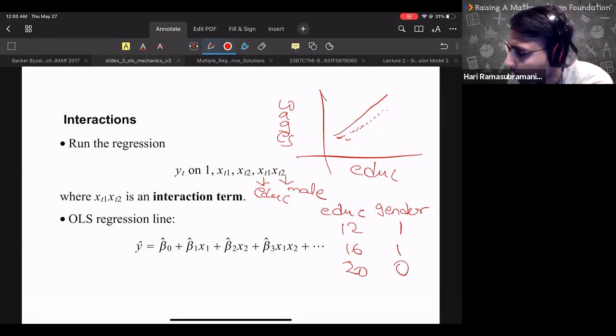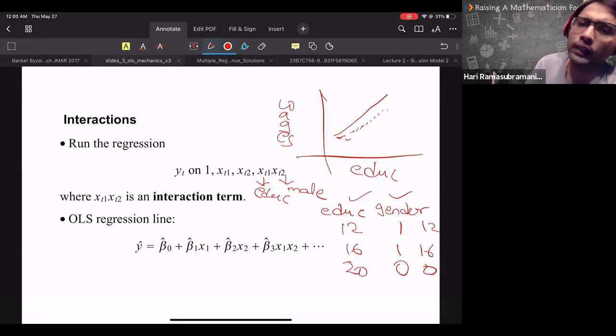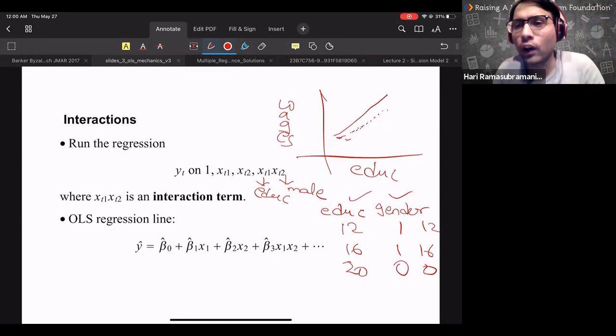Then you will have another variable which will be the product of these two variables, education times gender. So this will be 12, this will be 16, this will be 0, and so on. So what you are doing is you are allowing different slopes for male and female. So your hypothesis may be that education has different effect on wages for males and females.